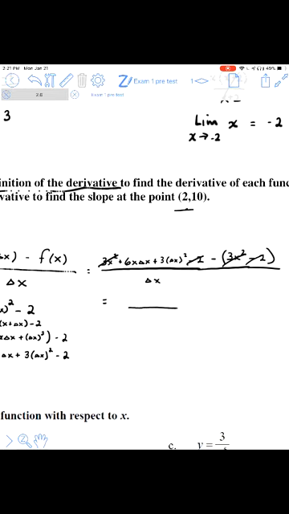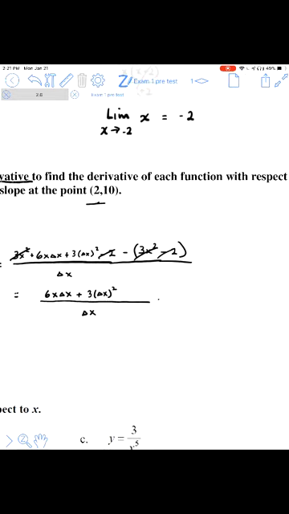So in the numerator, what we have left would be a 6x delta x plus 3 delta x squared all over delta x. In the numerator there, we can factor out a delta x, leaving us 6x plus 3 delta x over delta x. Now that we've got a delta x factored out, we can cancel it with the delta x factor in the denominator.